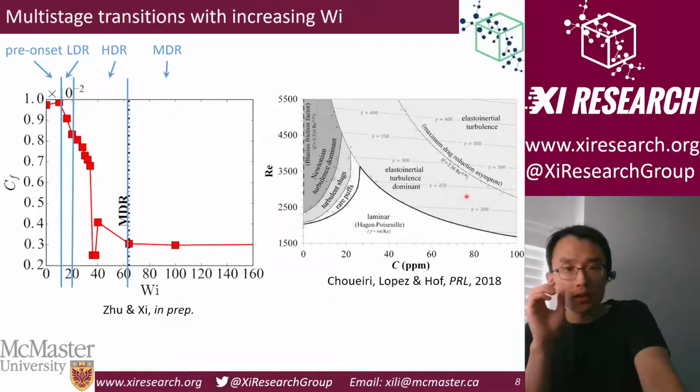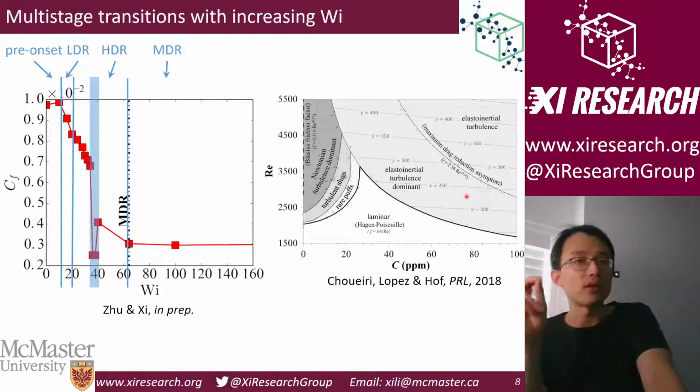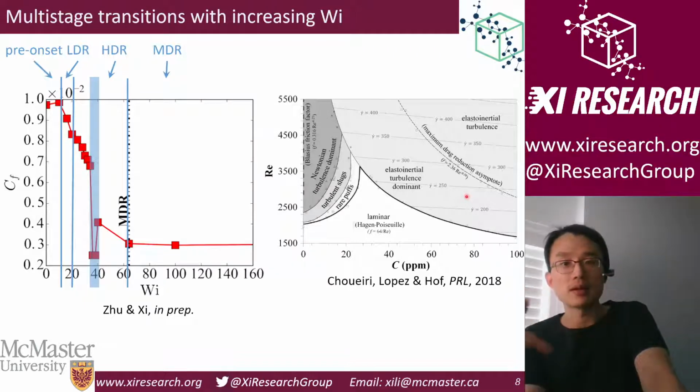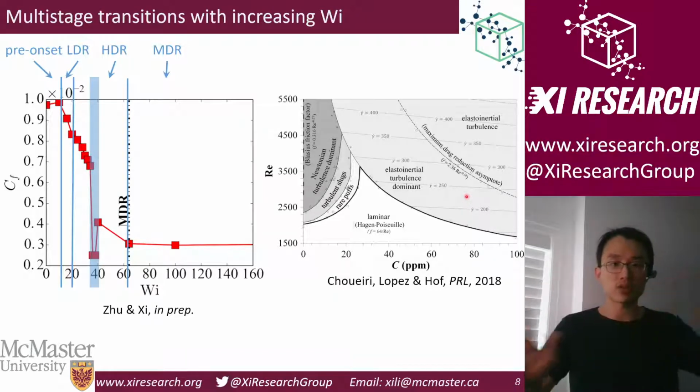Interestingly, you may also notice there's this weird dip here. This is not some sort of artifact. What happens here is that as we increase Weissenberg number, once we hit a Weissenberg number of about 30, we cannot get a turbulent flow anymore. The flow becomes laminar. But as we further increase the Weissenberg number to 40, a new type of turbulence emerges. So there's a laminar window that separates two regimes of turbulence.